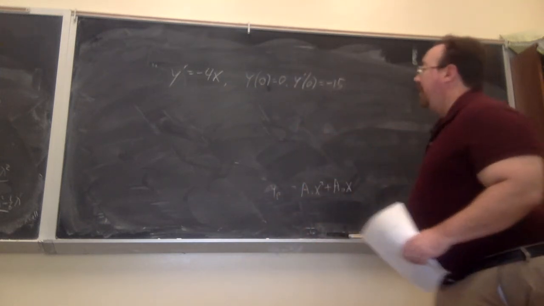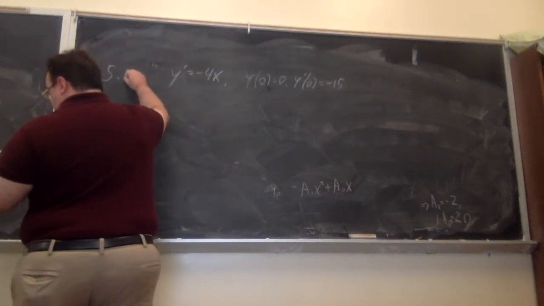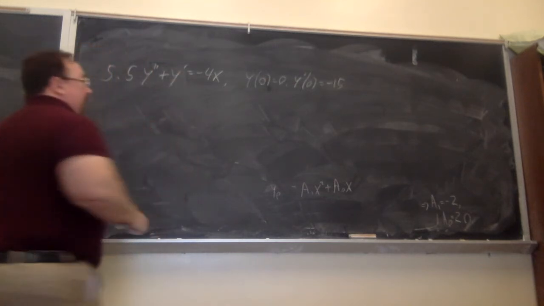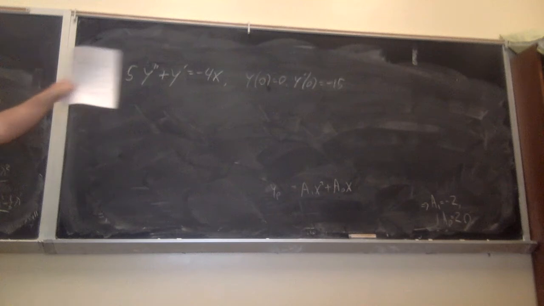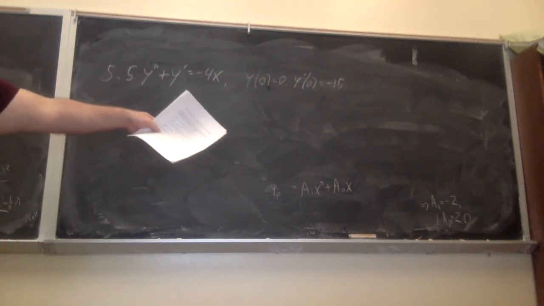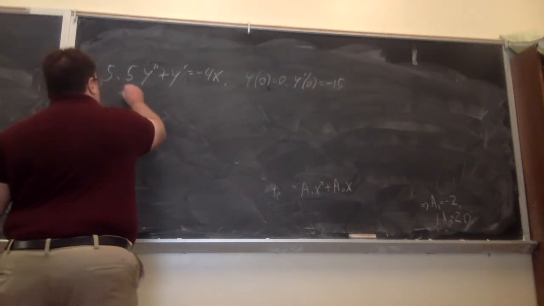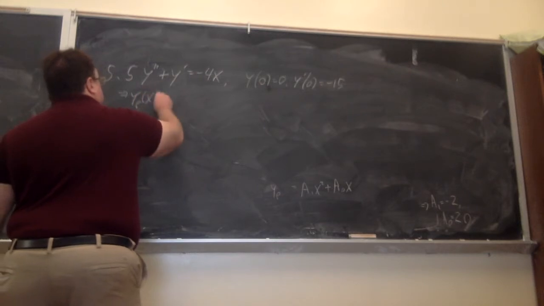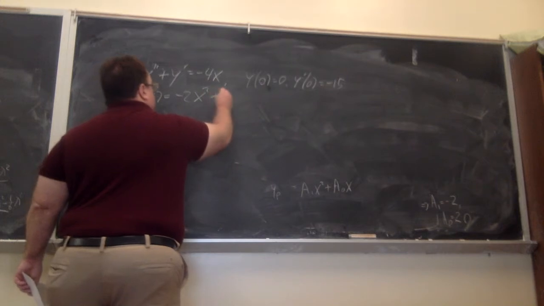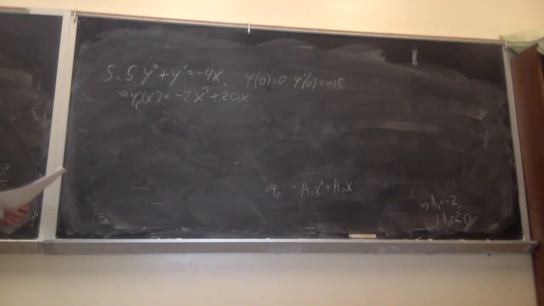Okay. Put back the rest of the original problem. Okay, so here's the original problem. And here's a particular solution with the values of a1 and a0 that we can fill in. So yp of x is equal to a1, which is minus 2, x squared plus a0, which is 20, times x. So that's our particular solution.